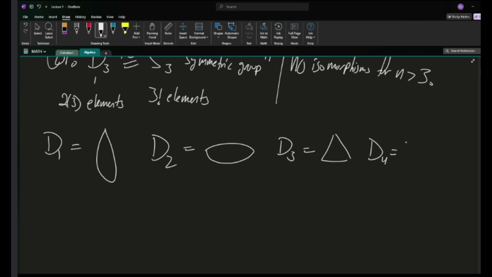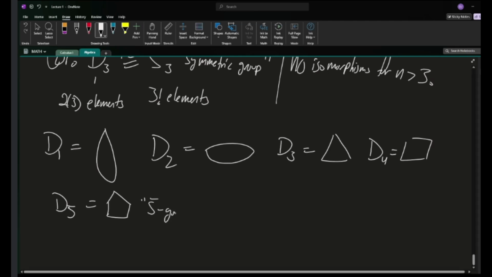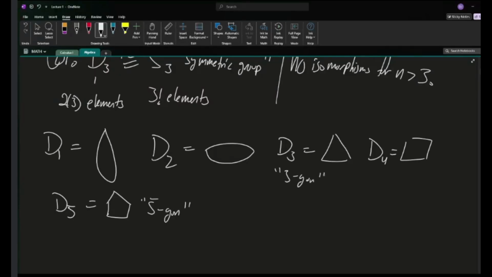D4 is denoted as a square, and so forth. We don't use official terms, we denote these as, say, 5-gons, because they don't have to be specifically pentagons, triangles, and squares.